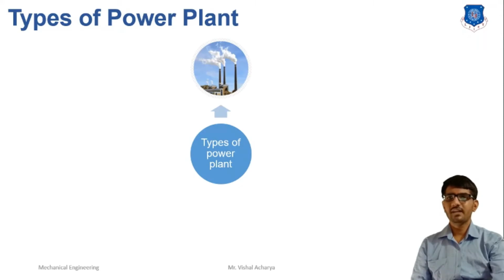The first is the fossil fuel power plant. In the fossil fuel power plant, fossil fuel is burned and releases chemical energy. The chemical energy is converted into heat energy, and heat energy is converted into mechanical energy with the help of a turbine. The turbine is connected to an electrical generator, and the generator produces electrical energy.